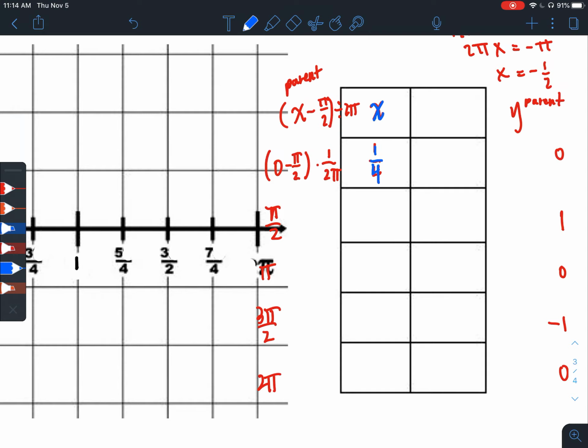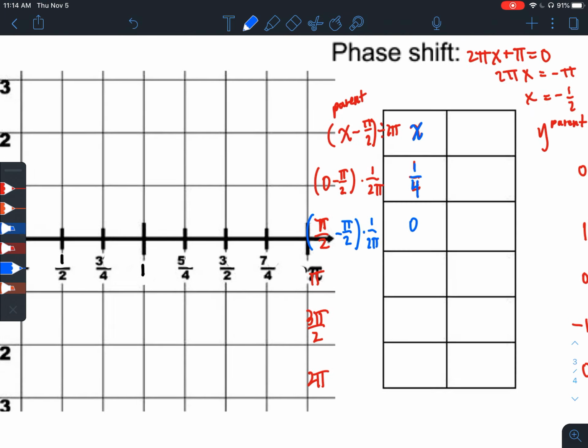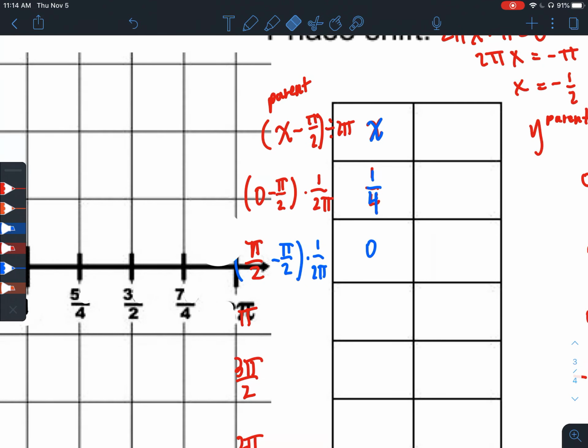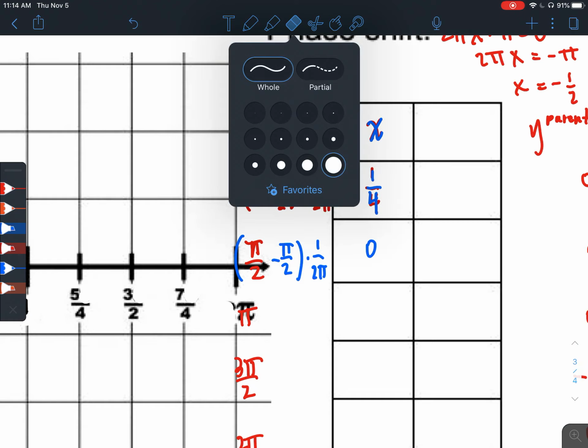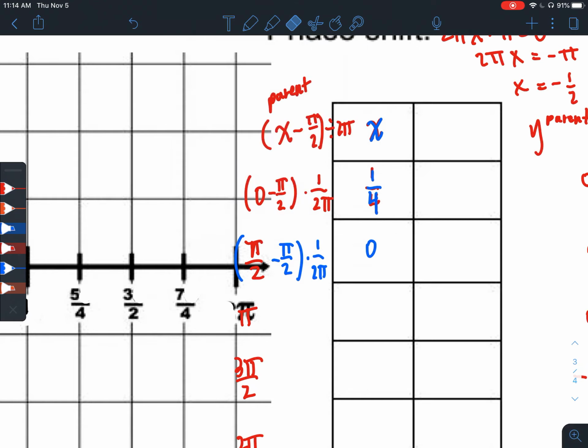Then for pi over 2, we subtract pi over 2 and get 0, and then multiply by 1 over 2 pi, and it's still 0. Did I write our value wrong? Yeah, I did. Dang it. Okay, let's start back here. I was subtracting pi over 2 and not pi, which is why I was confused.